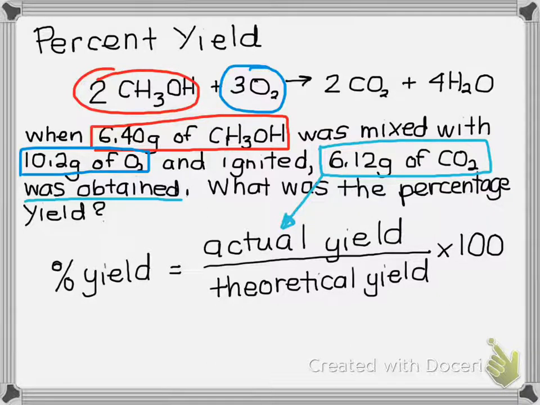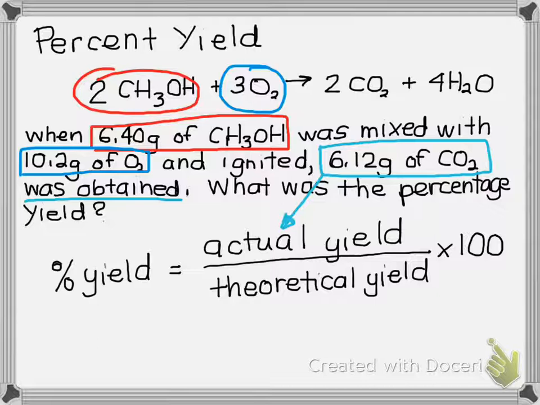So anytime you're given two reactants in an equation, this is a limiting reactant problem. So we're going to set it up, and I'll look at it in the next page, where we determine how much CO2 6.4 grams of methanol will make, and we'll figure out how much CO2 10.2 grams of oxygen will make. We'll compare those two answers to determine our theoretical yield.